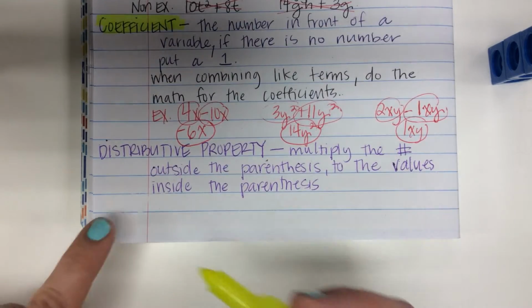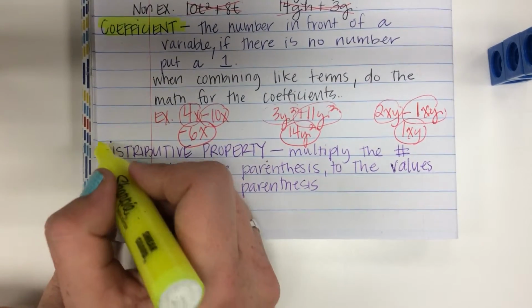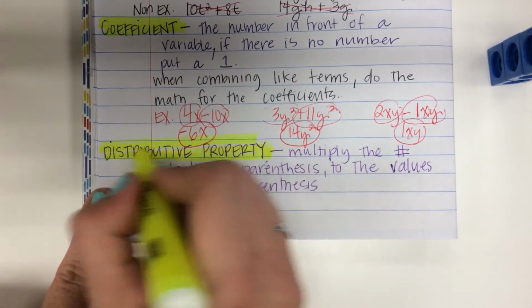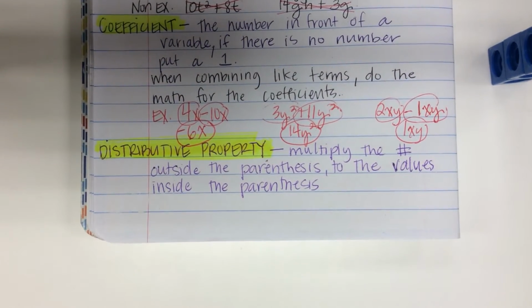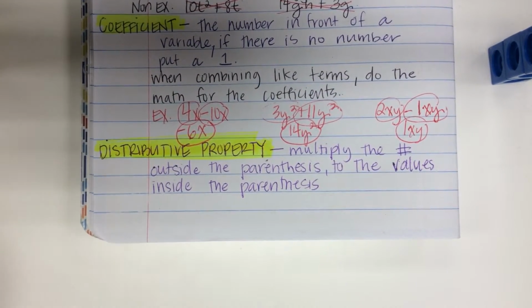Multiplying the value outside the parentheses to the values inside the parentheses.